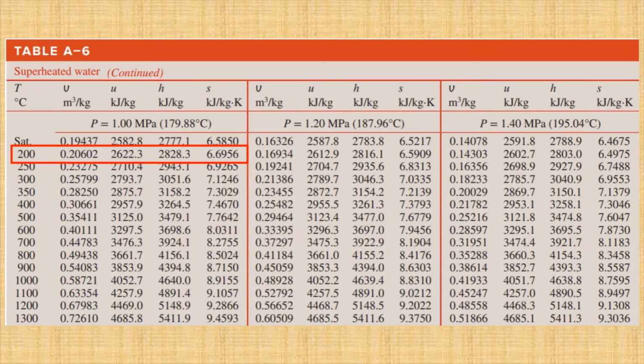We need the specific volume for this pressure and temperature combination, so we look under the specific volume column. The intersection of the temperature row and the specific volume column tells us that our specific volume is equal to 0.20602 meters cubed per kilogram.